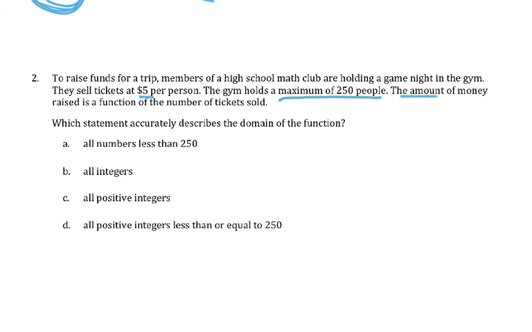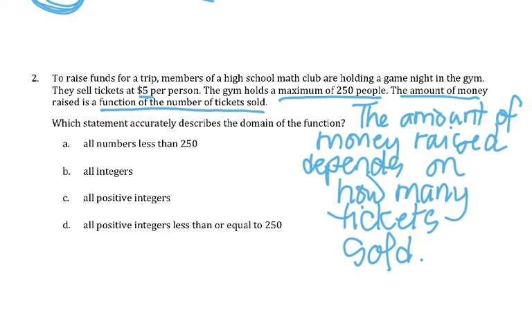The amount of money raised is a function of the number of tickets sold. So think about it. That means the amount of money raised depends on how many tickets they sold. So I'm going to write that down. The amount of money raised depends on how many tickets are sold.